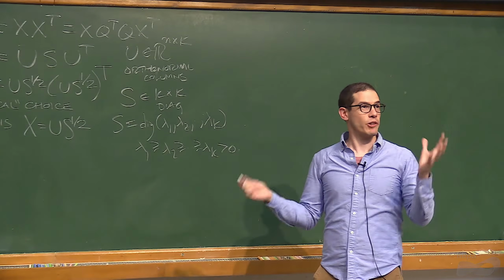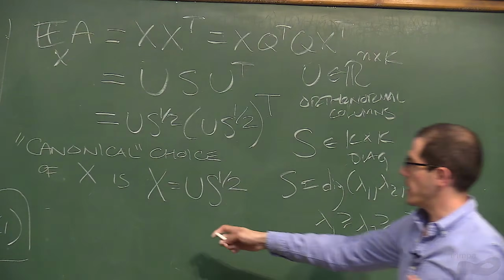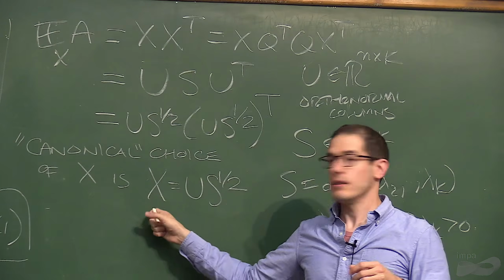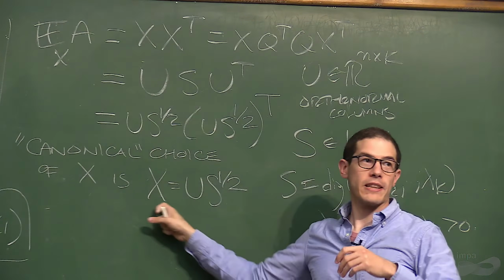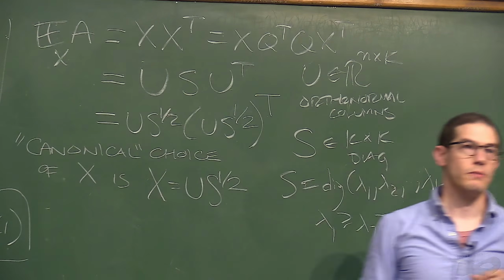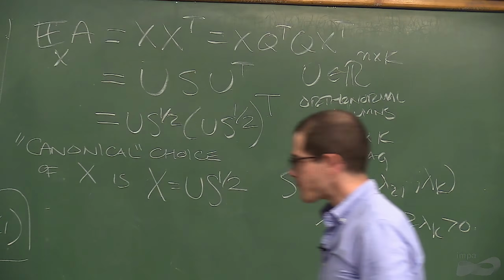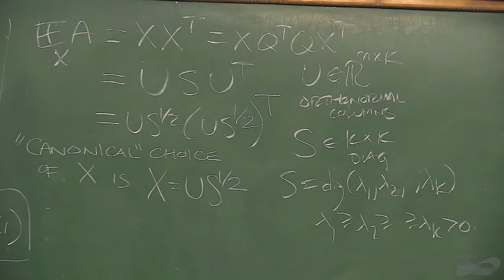If you think a lot about regression and you want to identify the columns of this thing, maybe the fact that these columns are orthogonal helps you. We like it when the columns of our design matrix are orthogonal. That's a nice property. Just an aside, and if anyone wants to dig into that idea more, let's chat. Okay, end of aside. So this is going to be our canonical choice of x.